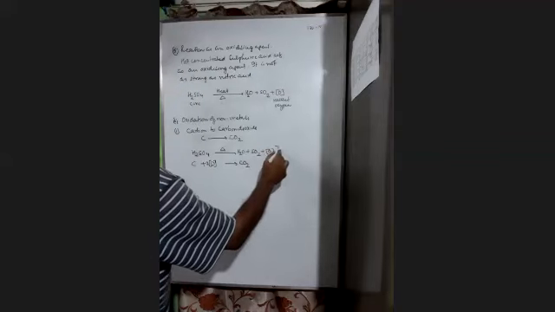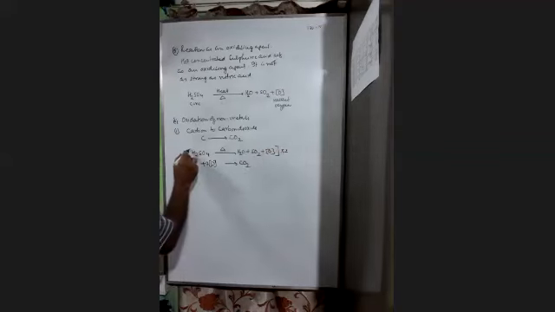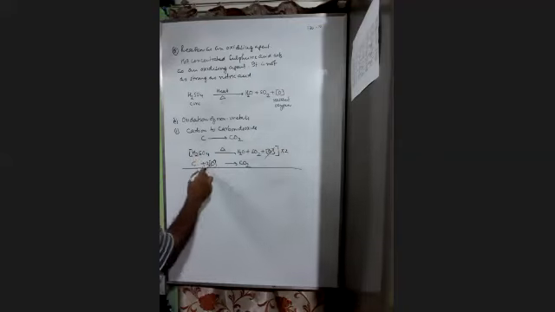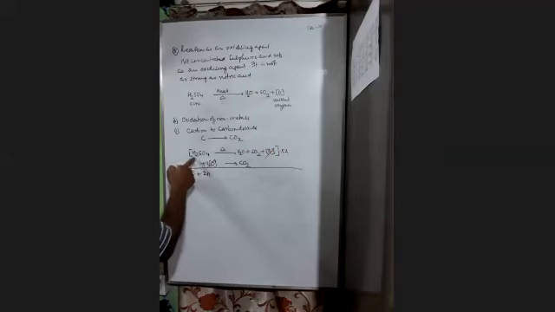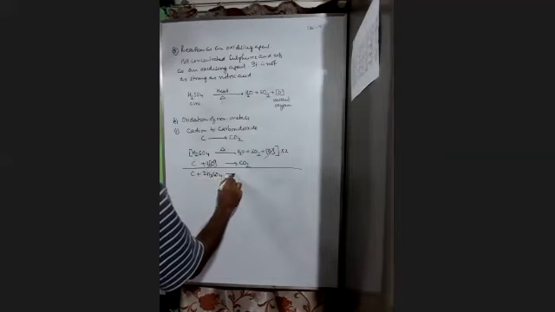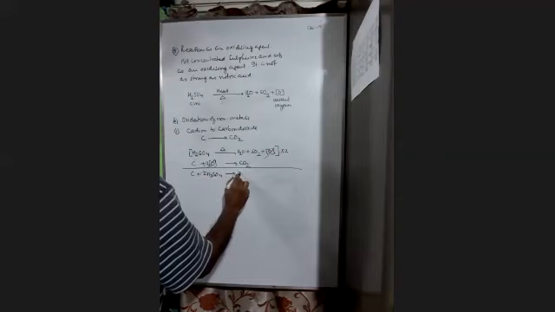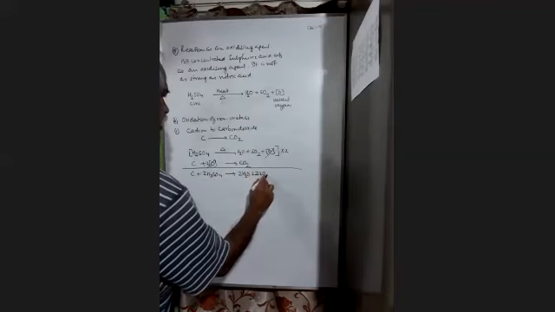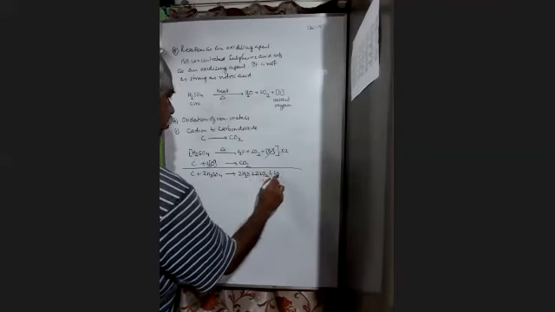Who is going to provide oxygen? First equation, I shall multiply it by 2. Add it. So C plus 2 into H2SO4. It will give you 2H2O plus 2 sulfur dioxide plus.